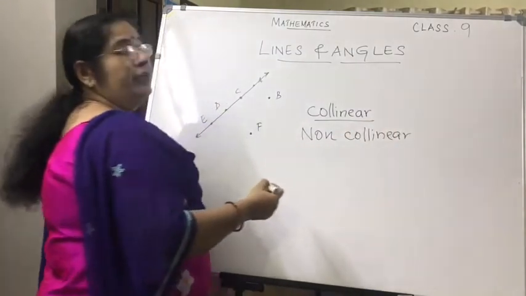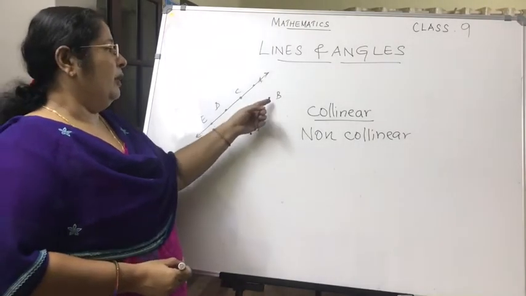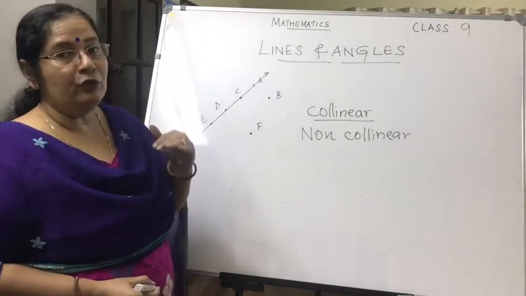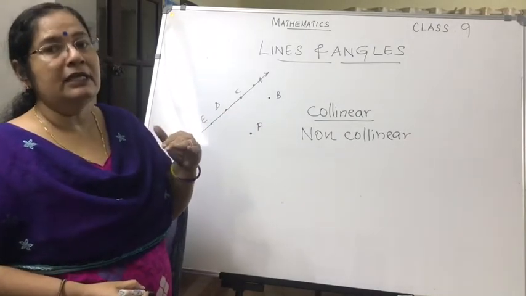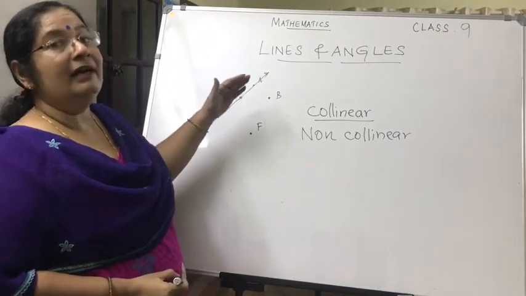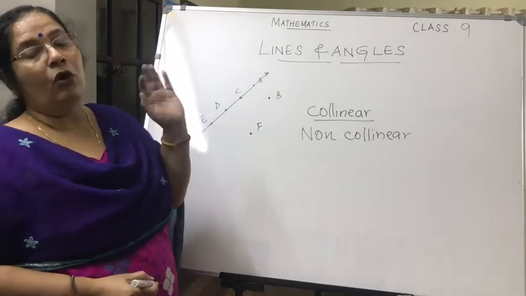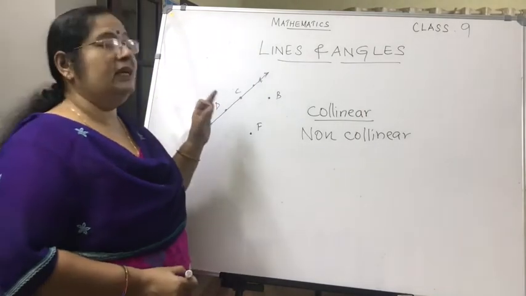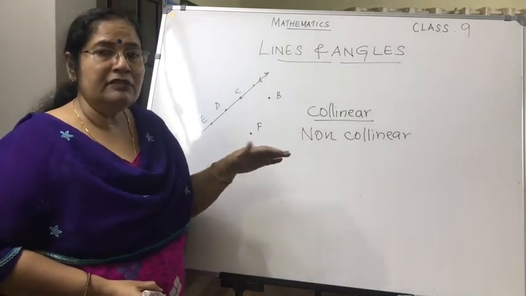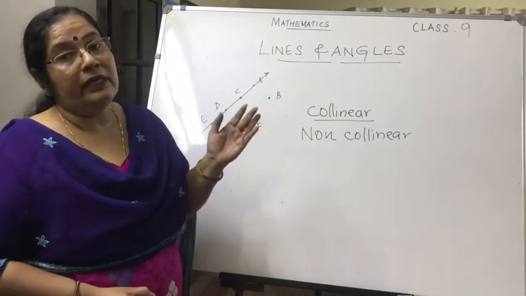So non-collinear means not collinear. So the points B and F are non-collinear points. Why do we call them non-collinear points? Because they do not fall in the line in which the other points are. So all points which come in the same line are called collinear points, and the points which do not come in the same line are called non-collinear points.